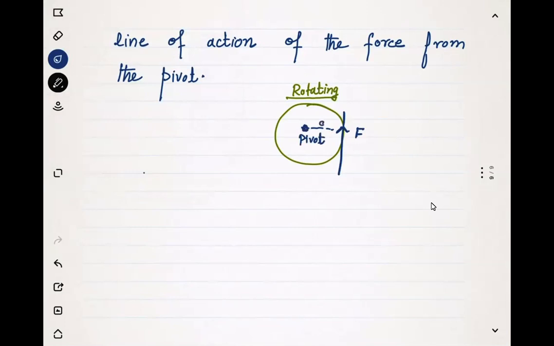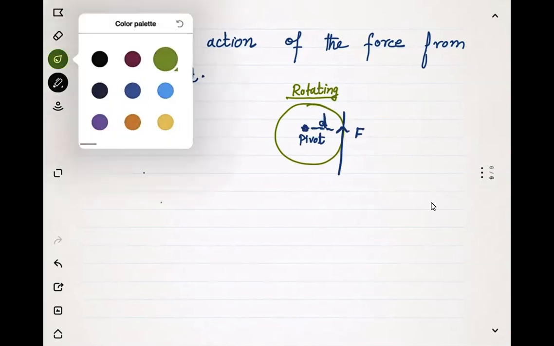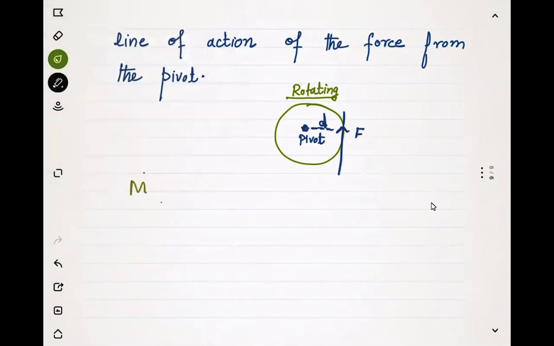So if we multiply this perpendicular distance with the force, we'll get the moment. So moment could be written as perpendicular distance, it's actually a vector, and force. If we multiply the perpendicular distance of a force from the pivot and the force, then it is the moment.